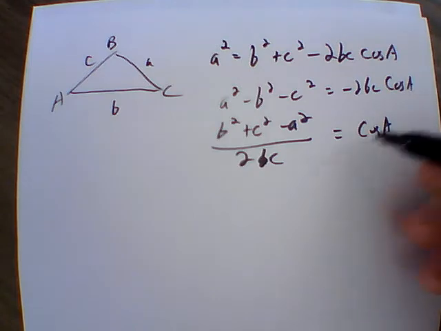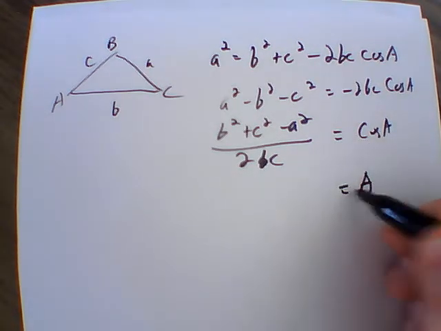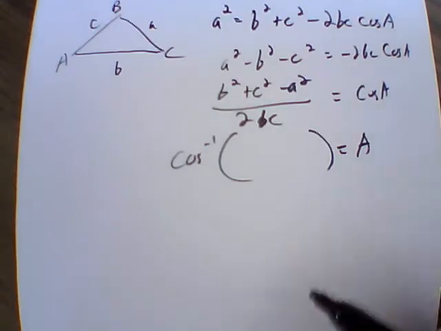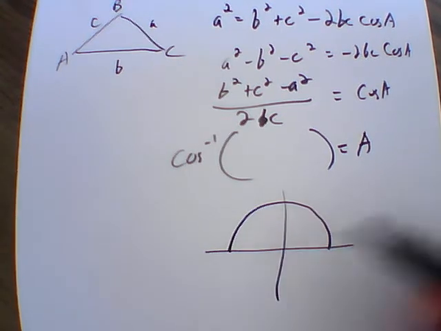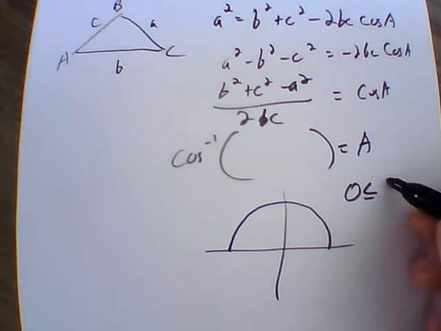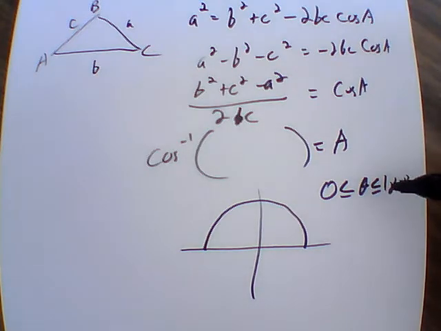Now some of the things we're thinking about with the cosine, remember in law of sines we had the ambiguous case where we couldn't tell between obtuse and acute. If we think about this, A is going to equal the cosine inverse of whatever is going on here. If you remember back, the cosine inverse was defined from 0 less than or equal to theta less than or equal to 180 degrees. So the cosine inverse does encompass what obtuse and acute triangles would be.